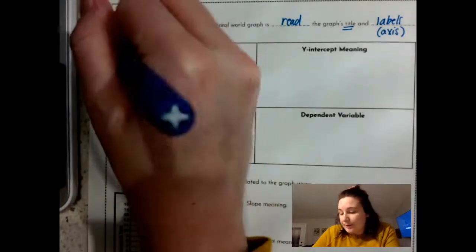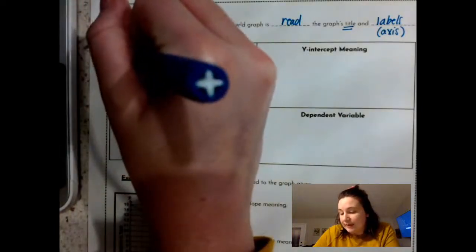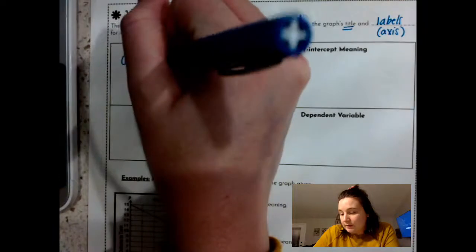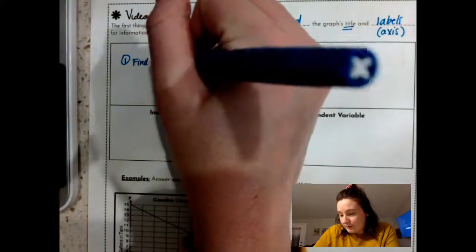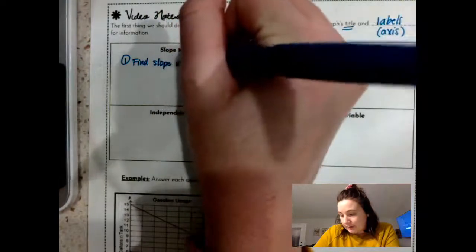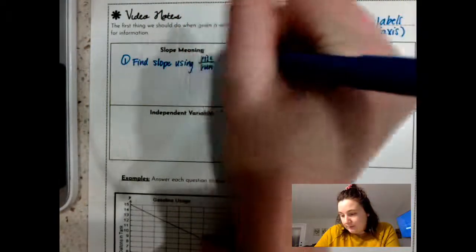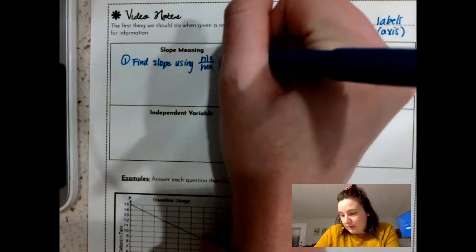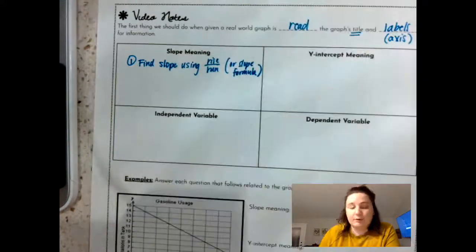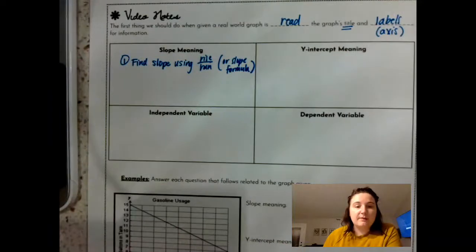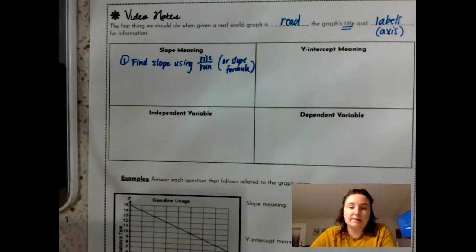What you're going to do is first find slope using rise over run or the slope formula. You could really do either, but we're going to be given graphs, so that's probably easiest to just count rise over run. But if you like the slope formula or you feel more comfortable with it, you could use that as well.